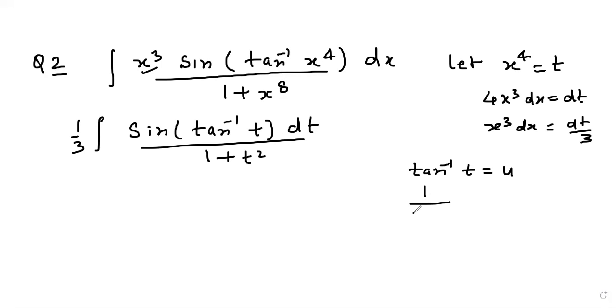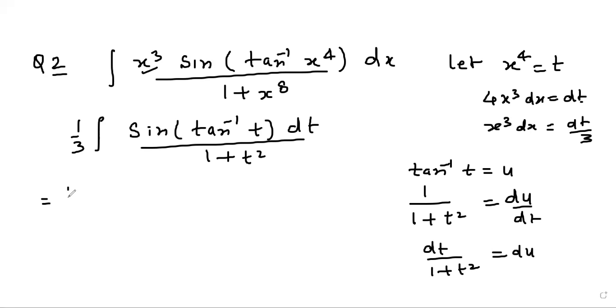So 1 upon 1 plus t square equal to du upon dt, or dt upon 1 plus t square equal to du.